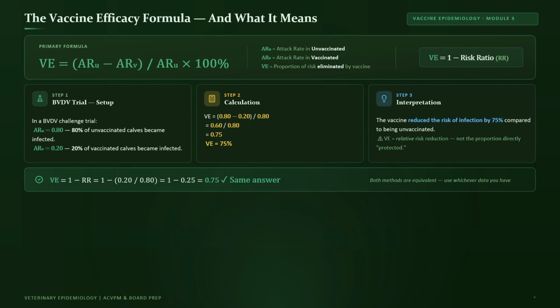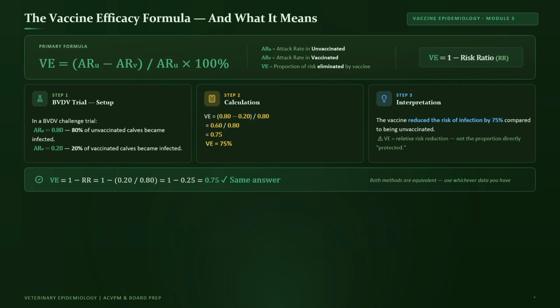The formula we use for both, and you need to know this, is VE equals ARU minus ARV divided by ARU times 100%. Here's an ACVPM exam tip. Exam scenarios will often give you attack rates and ask you to calculate VE, or give you VE and ask you to interpret it.